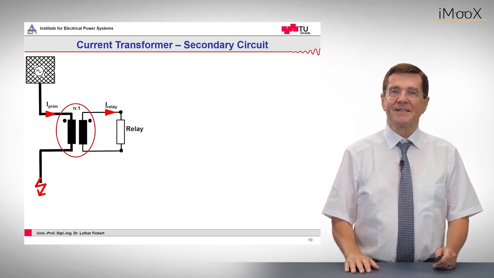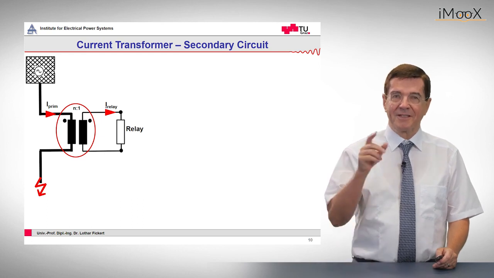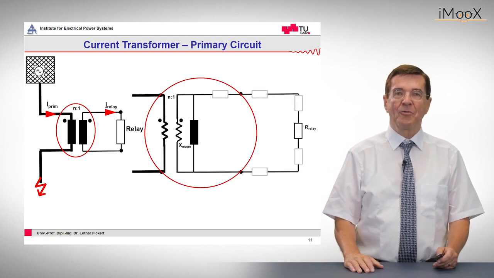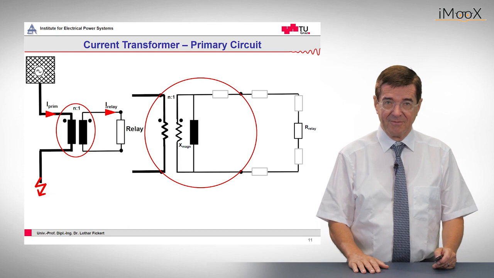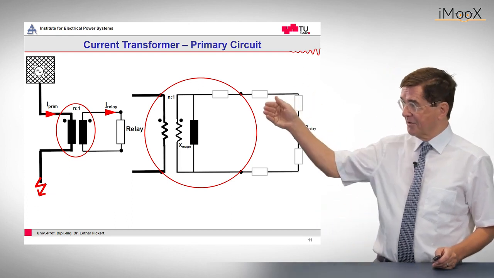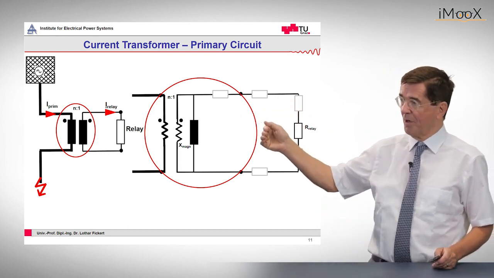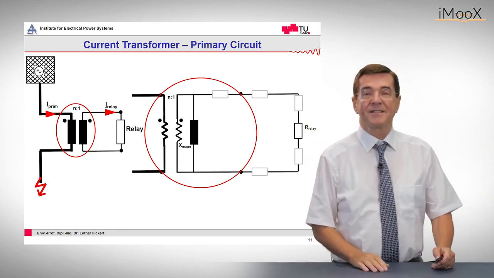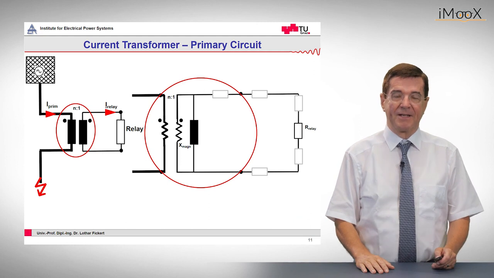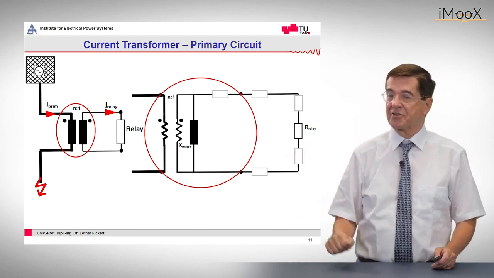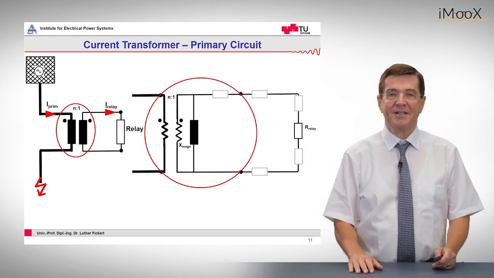Now what happens in this current transformer? A current transformer is a transformer, and therefore we can represent it by the T-equivalent circuit diagram. The T-equivalent circuit diagram is made up of the ideal transformer, which has the ratio n/1, and, which is very important in this case, the transversal magnetizing impedance. And on the output of this transformer we have the secondary circuit.